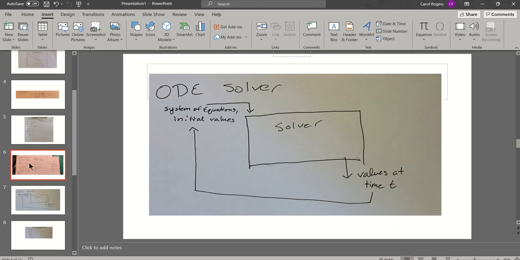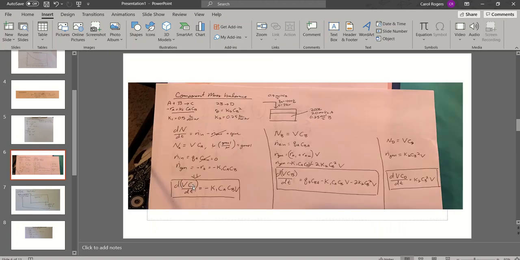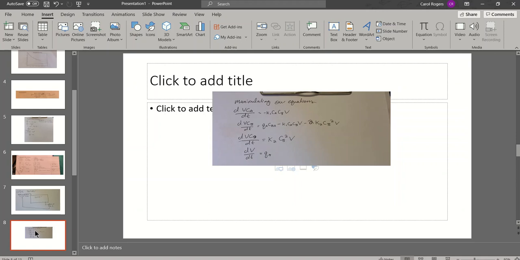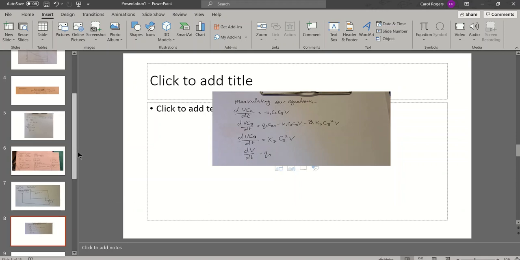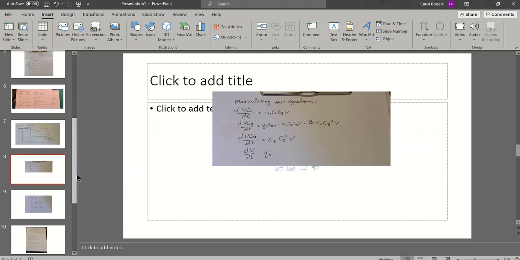So we need to get these into dCA dt instead of dVCA dt. And the way we're going to do that is with product rule. So let's see. This is just the 4 equations together.